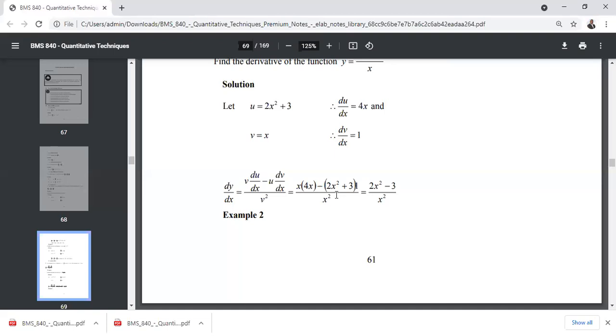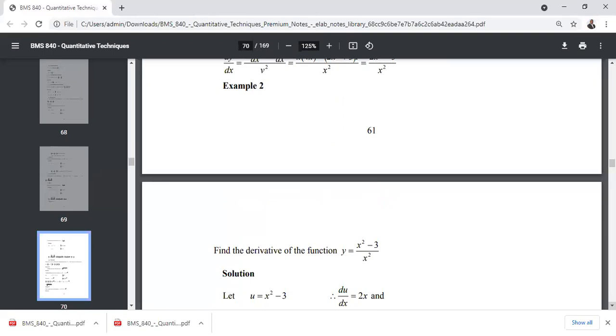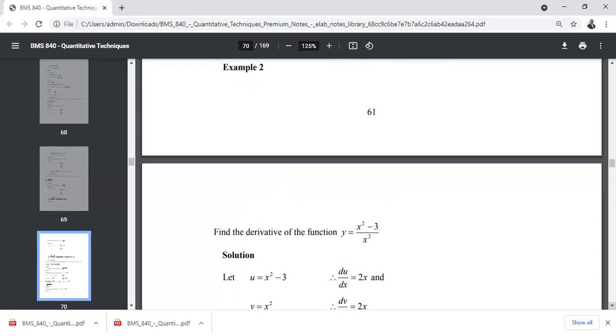If I open the bracket, I have negative 2x squared, and I had 4x squared. 4x squared minus 2x squared is 2x squared, minus 3 over my v is x, so v squared will be x squared. In most occasions, we don't change the denominator unless it is in a form that you can easily change, or that you can easily simplify.